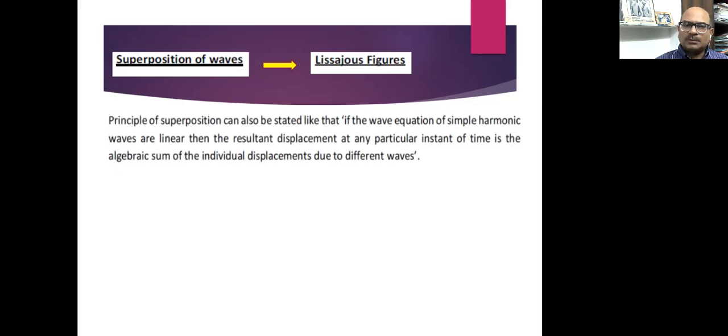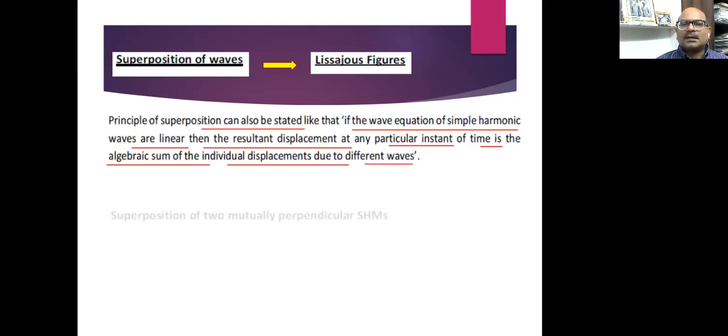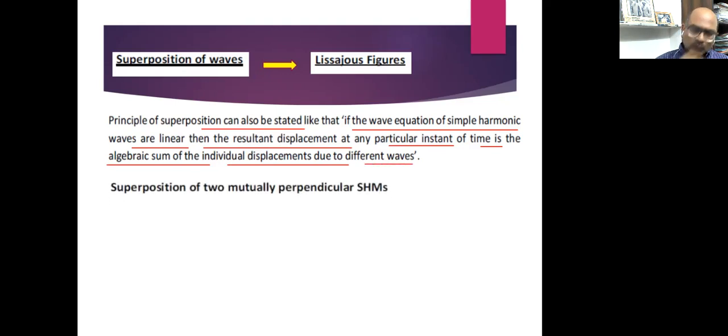So the principle of superposition is stated like this: if the wave equations of SHM are linear, then the resultant displacement at any particular instant is the algebraic sum of the individual displacements due to different waves. It means if there are two mutually perpendicular SHMs we are taking care of, then the resultant displacement will be the sum of individual displacements.